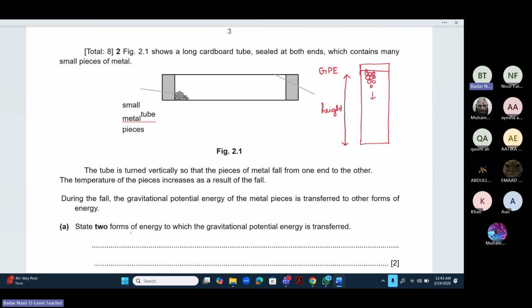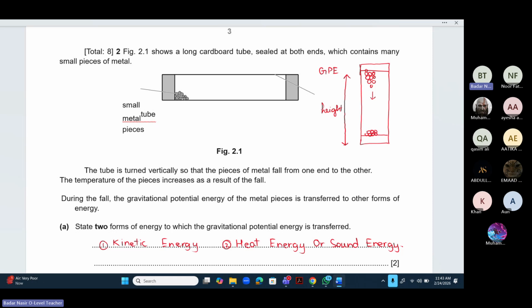So it means कि state 2 other forms, तो एक हमारे पास होगी kinetic energy. And when these metal pieces hit the other end of the metal tube, they are converted into heat or thermal energy. So heat energy, or we can also say sound energy as well. So 2 marks for this.